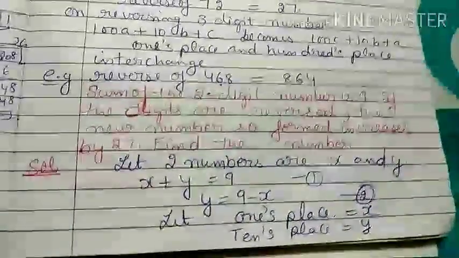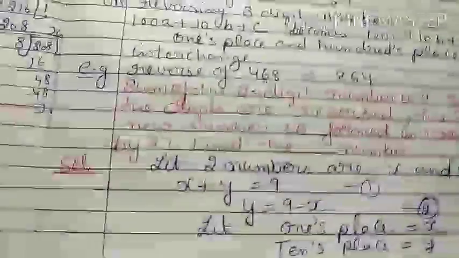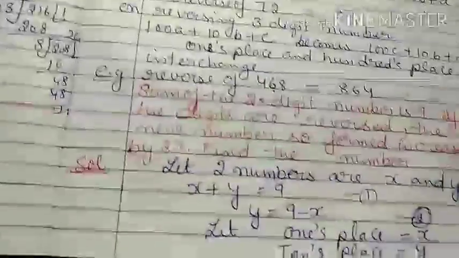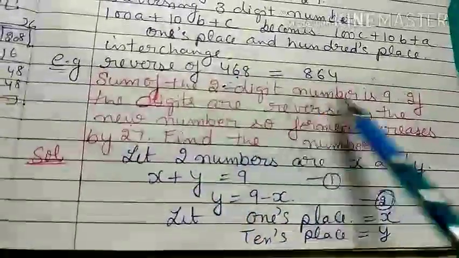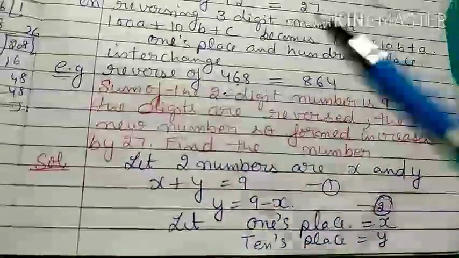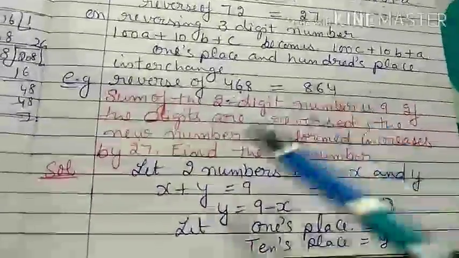If you reverse the digits, it is your original number plus 27, your reverse number. Like already you have been given, if you add the digits, some clue is given to you in your question on how you will find the digits.